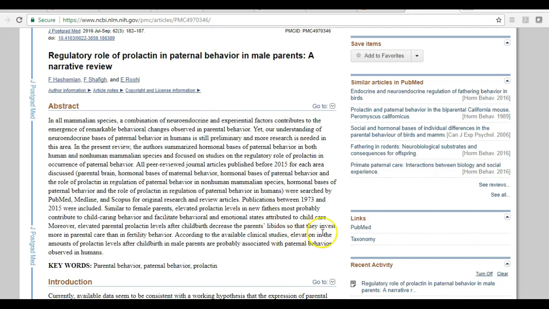And right here in the abstract, which is kind of the summary of this long article, the clinicians believe that by reviewing articles that were written between 2015 and 1973, the evidence does show that elevated levels of prolactin in men were probably associated with paternal behavior that we see in human males.